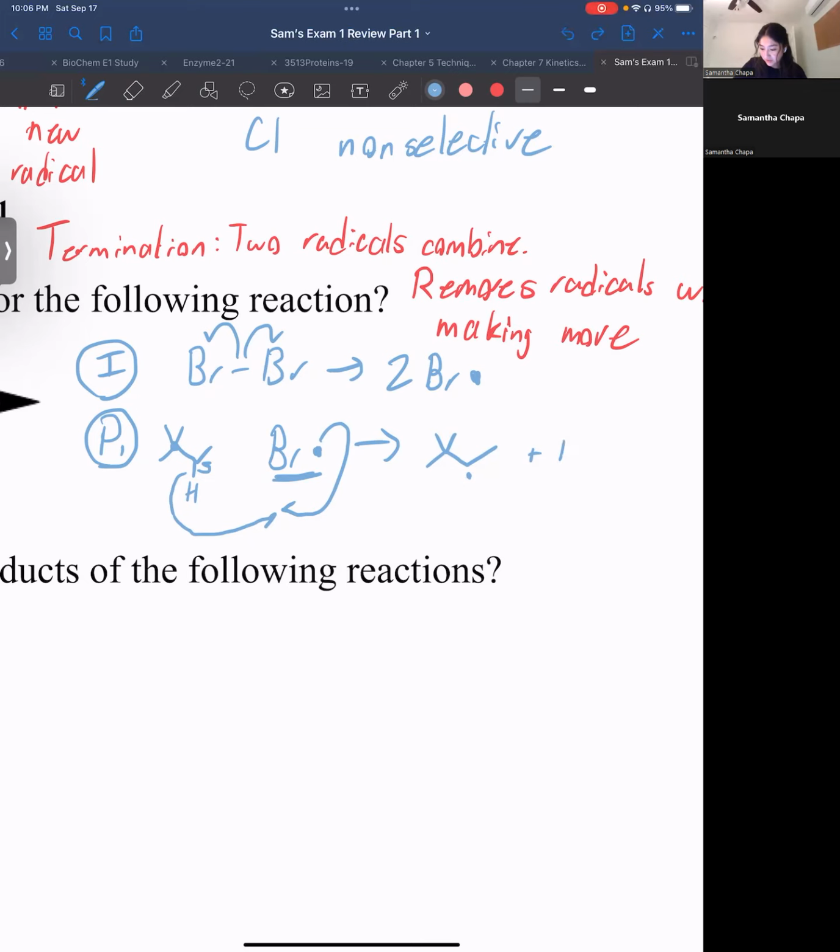Let me make that prettier. Sorry about that. There you go. So you just made another sigma bond between the hydrogen and the bromine, and you made another radical. So this is propagation.